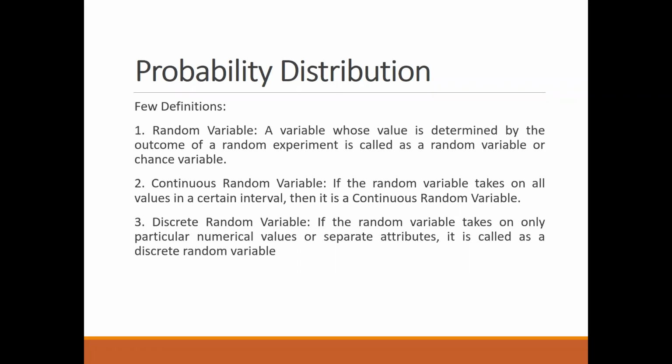We can also write that, suppose a variable, say x, is assuming values like x1, x2, x3 up to xn, and the probability is given by say p(x1), p(x2), and so on. If the total of all these probabilities, that is p(x1) plus p(x2) up to p(xn), is equal to 1, then we say that x is a discrete random variable.